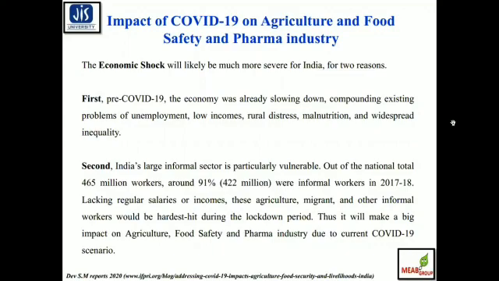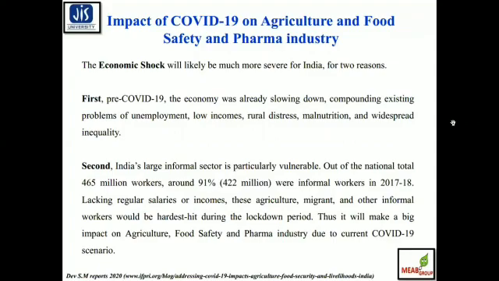Out of the national total of 465 million workers, around 91% were informal workers, reported in 2017-18. Lacking regular salaries or income, these agricultural migrants and other informal workers would be hardest hit during the lockdown. Thus, it will make a big impact on agriculture, food safety, and the pharma industry, directly or indirectly.